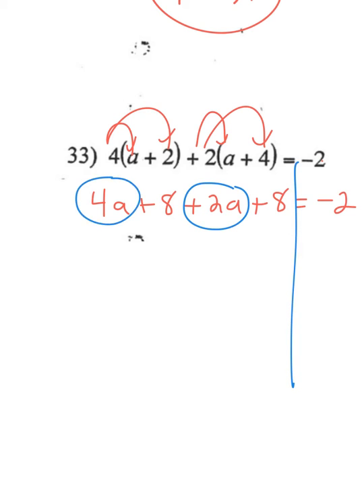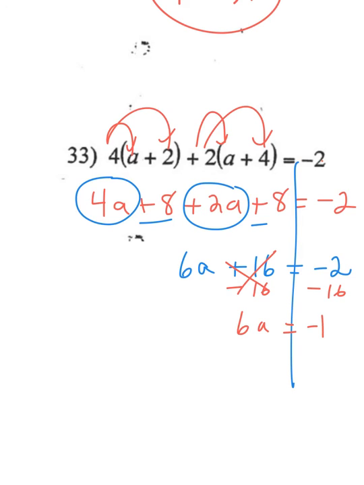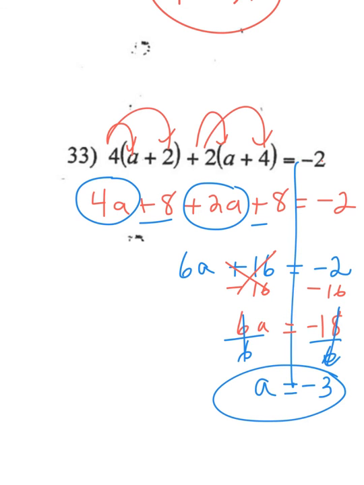A and A, 6a. 8 and 8 plus 16 equals negative 2. Minus 16, minus 16, 6a equals negative 18. Divide by 6, divide by 6, 1a equals negative 3. Because 18 divided by 6 is 3.